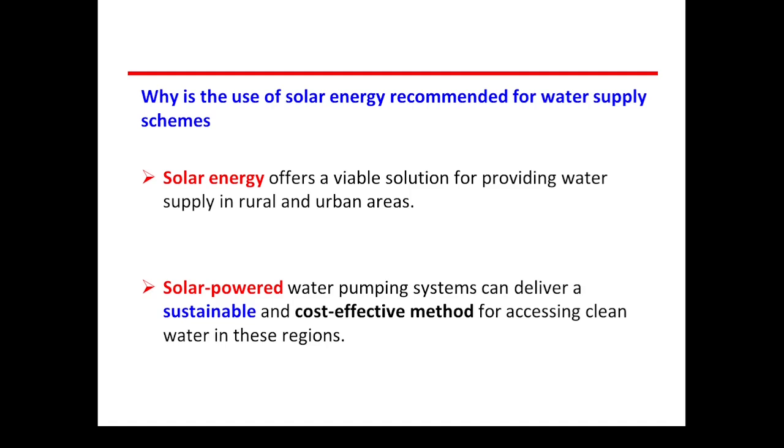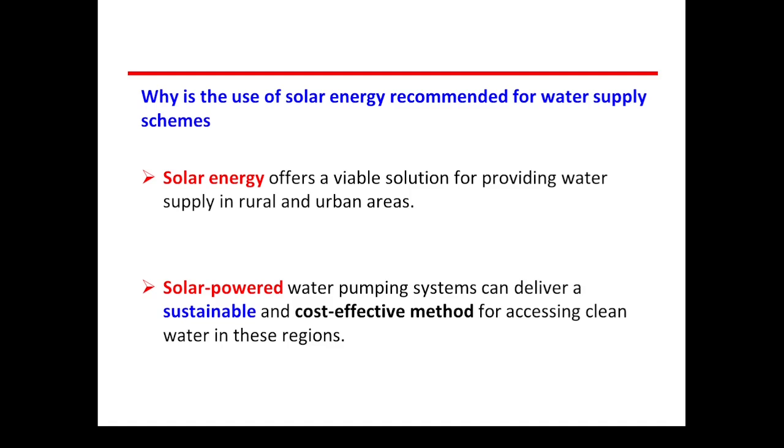Why is the use of solar energy or solar power recommended for water supply schemes? We say that solar power offers a viable solution for providing water supply in both rural and urban areas.